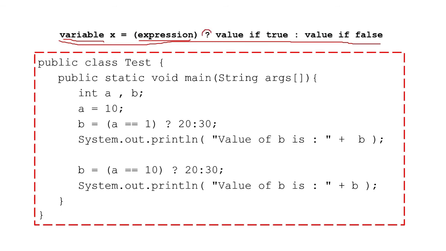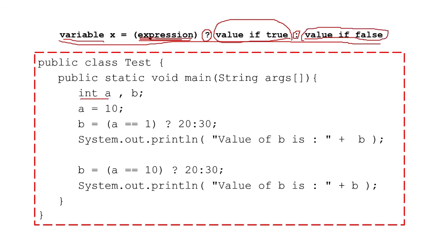Next is meron tayong ternary operator. The next is, if the expression is true, the value is yung nandito. Next is colon. If the expression here is false, ang sagot, yung value is yung nandito sa may dulo.